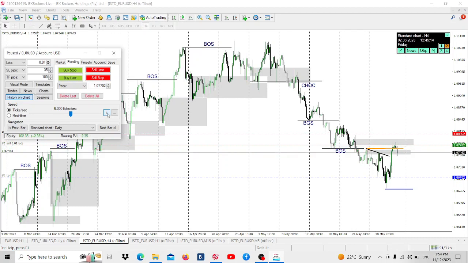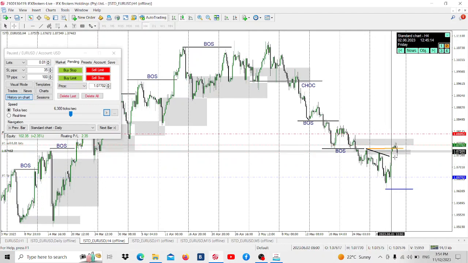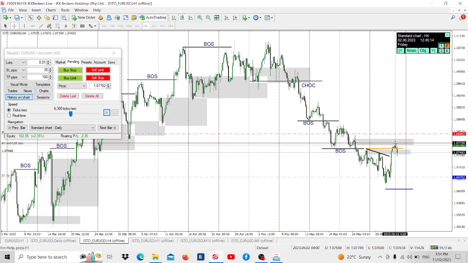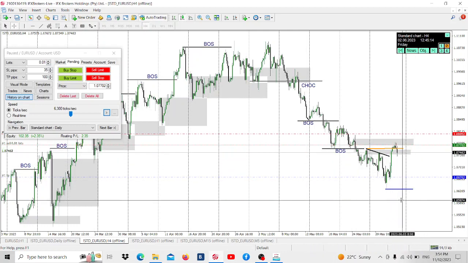Let me pause for a bit. Objection was for us to first take out these liquidity zones, right? Which the market clearly did that. And we could have seen that this was supposed to be a buy trade that we should have taken, but we wanted to take a sell, right?